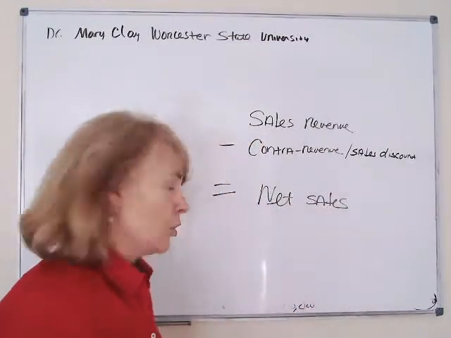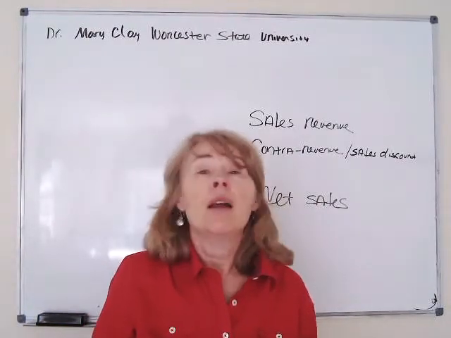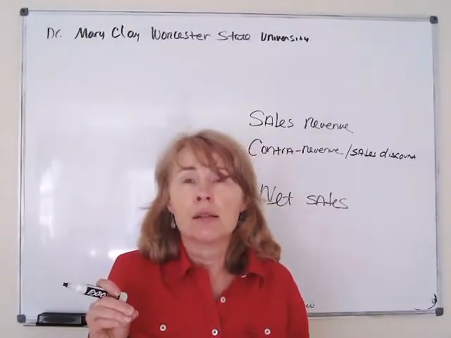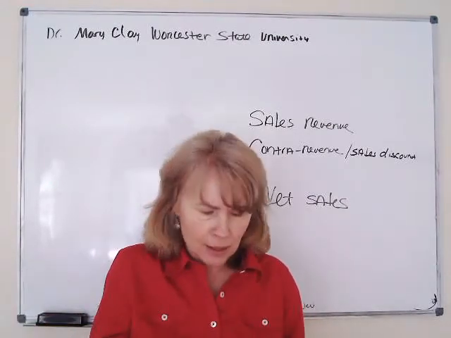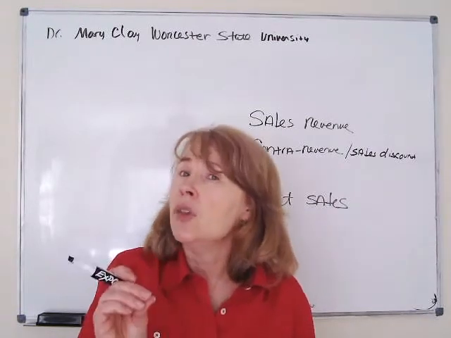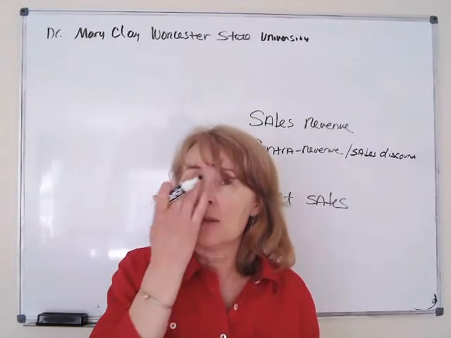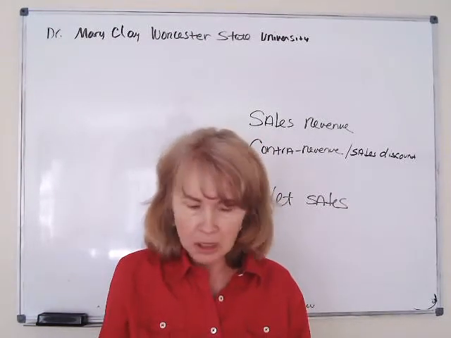Okay? All right. So I'm just going to keep that up. There were a lot of other accounts in this. Well, guess what? They don't affect net sales. Cash, that's an asset. That doesn't affect net sales. Credit card discount expense does not affect net sales. Okay? Because that's what this problem is looking for. Accounts receivable, that's an asset.